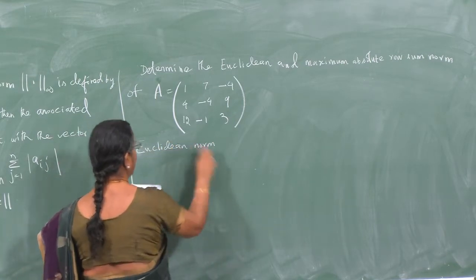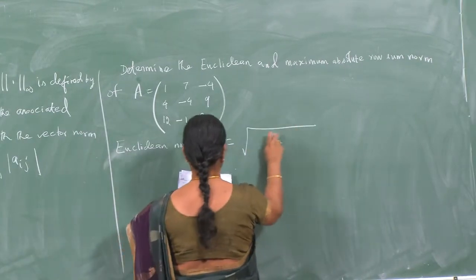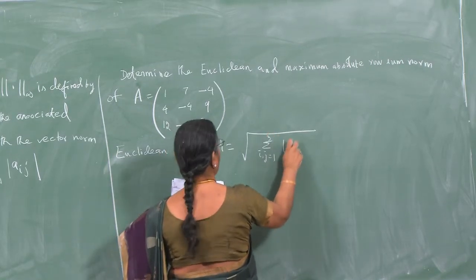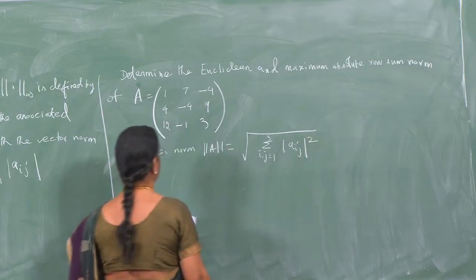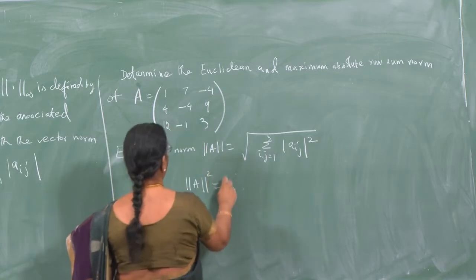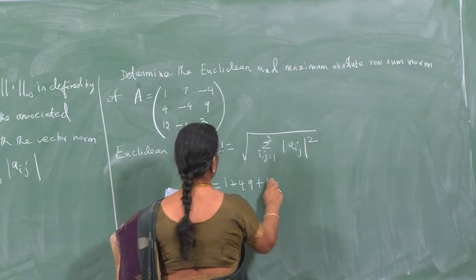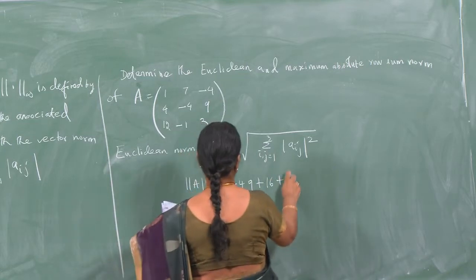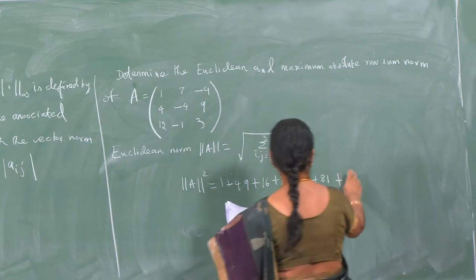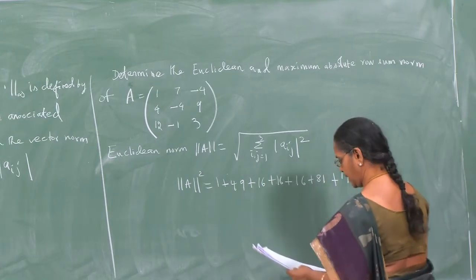Given this matrix A, its norm is equal to the square root of the sum over i, j taking values 1 to 3 of the modulus of a_ij squared. So, let us compute norm A squared. It is 1 squared plus 7 squared plus modulus of minus 4, the whole squared, plus 4 squared plus again 4 squared plus 9 squared plus 12 squared plus 1 squared plus 3 squared.